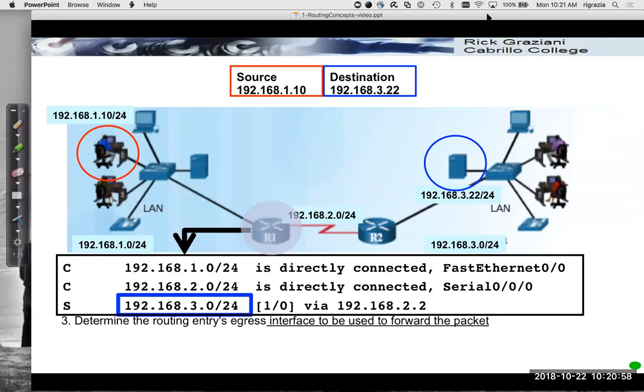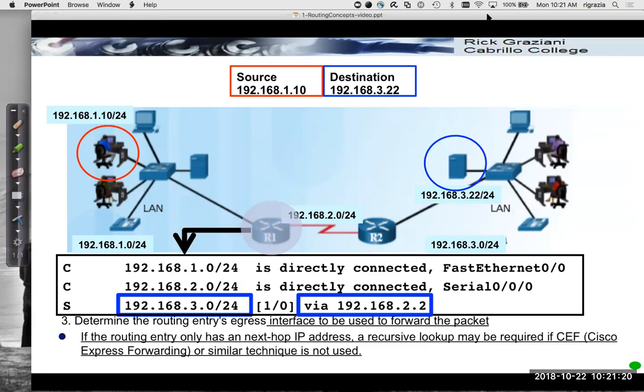It has to figure out the egress exit interface associated with this routing entry. Here we see a next hop address: the next hop is 192.168.2.2.